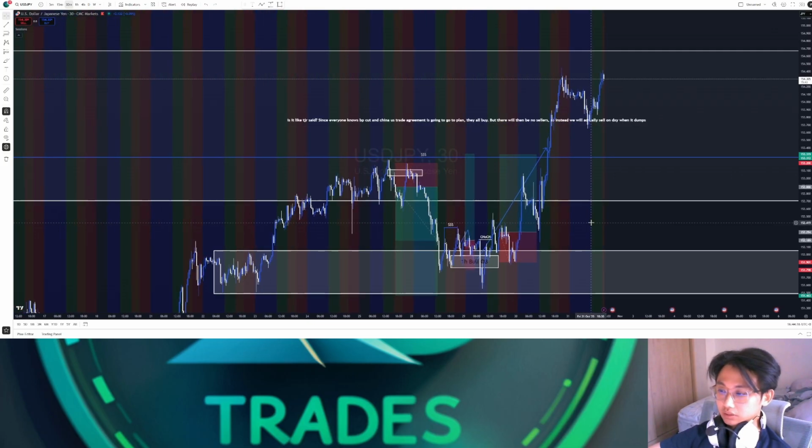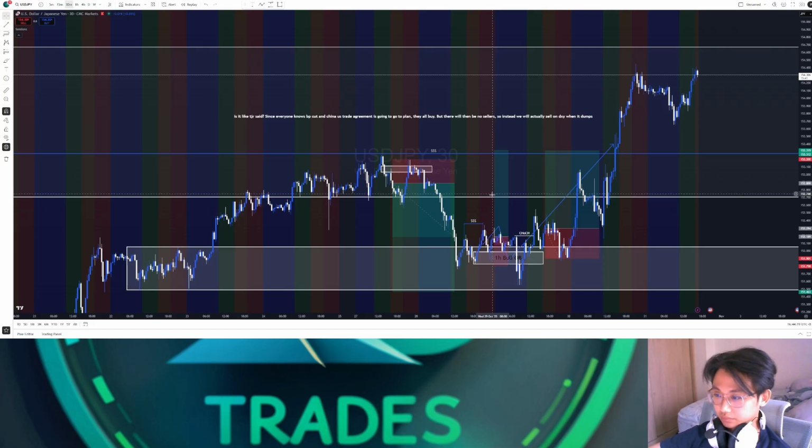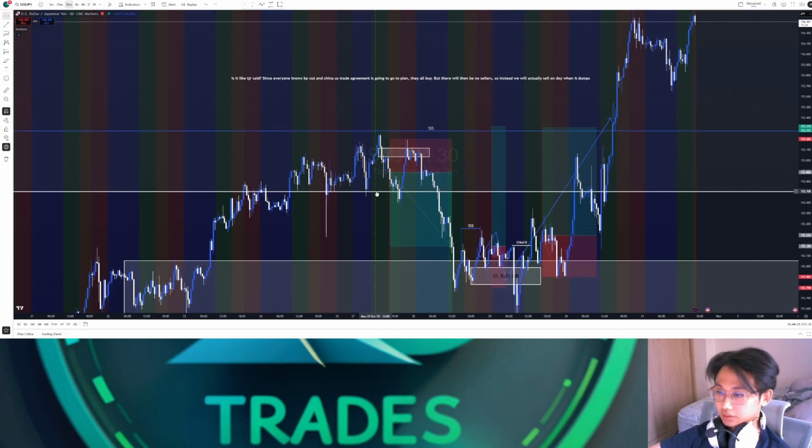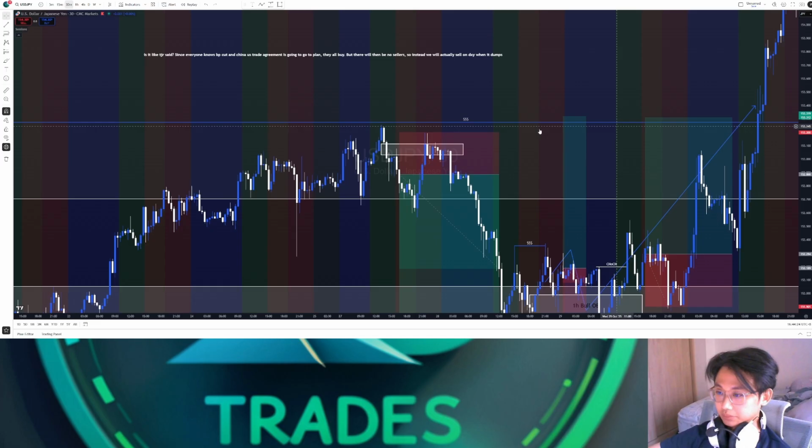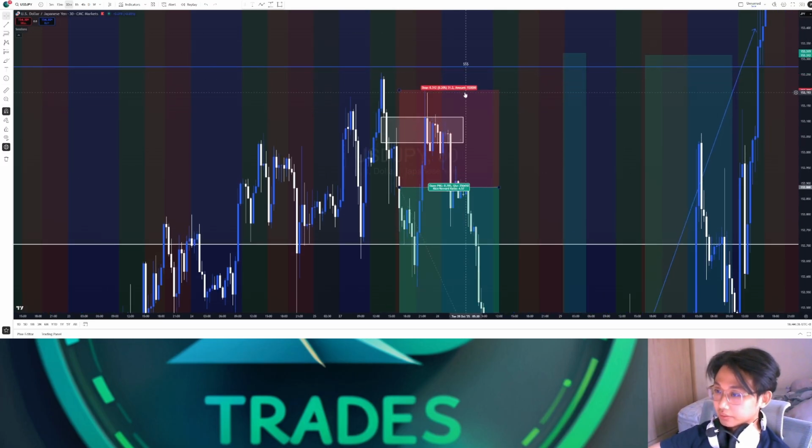So in fact for this trade, right, as price came up, because of poor price positioning and the fact that I put my SL here, I got stopped out. Yeah, put my SL at 153.2. Yeah, got stopped out by literally like 0.1 pips.